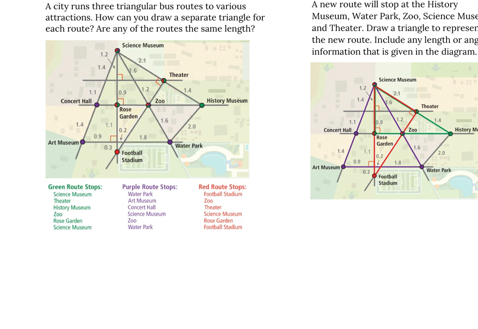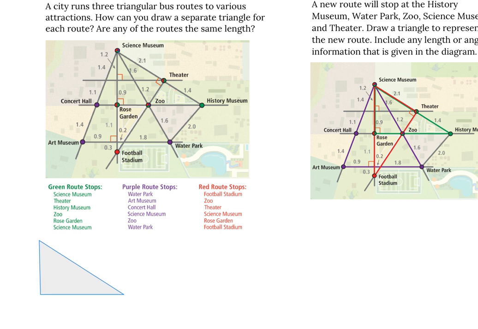The green route goes from the Science Museum to the theater to the History Museum to the zoo, Rose Garden, and then back to the Science Museum. So that is my green route.